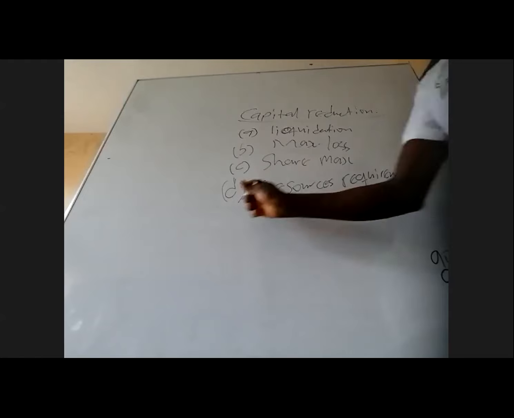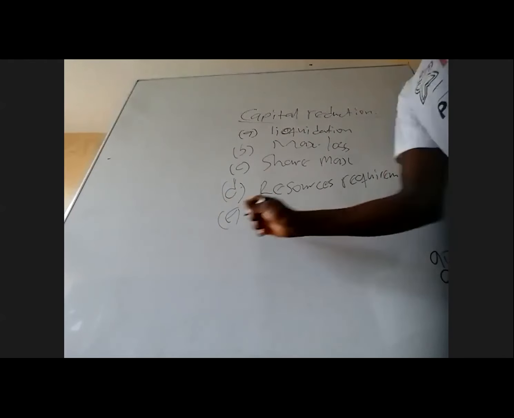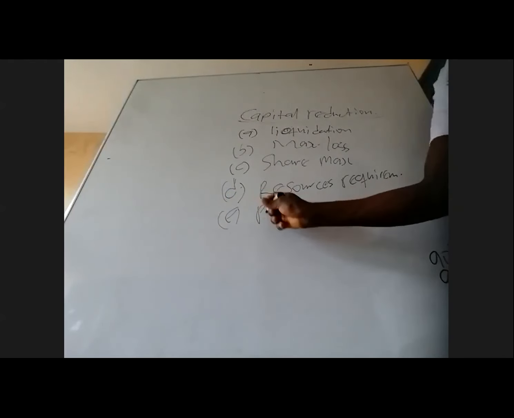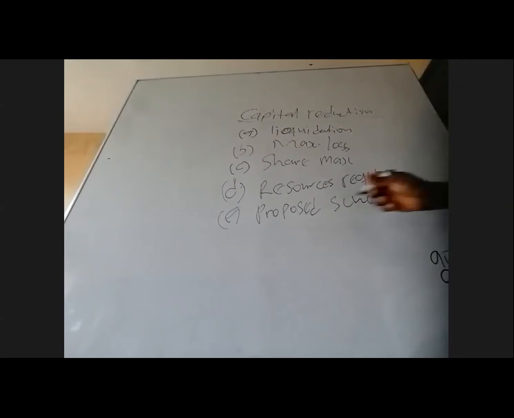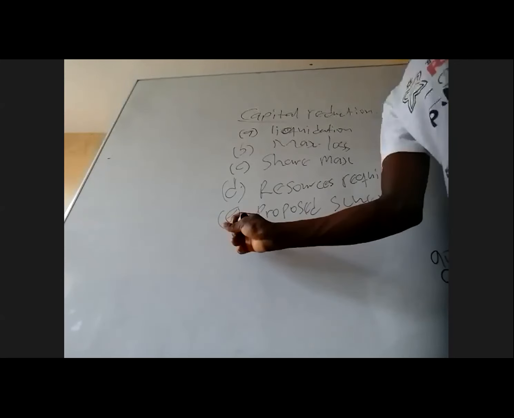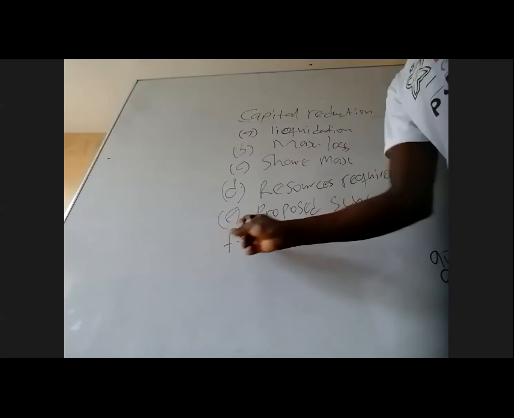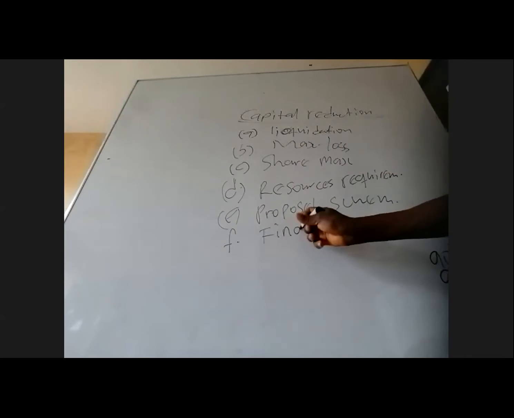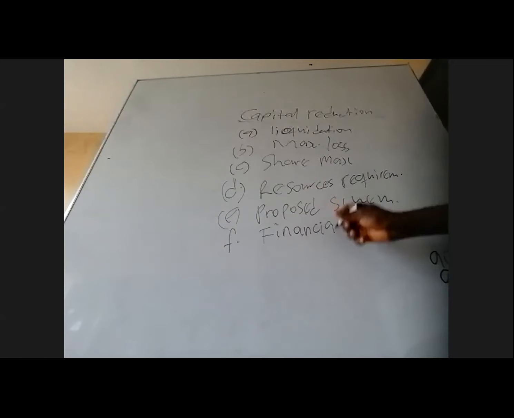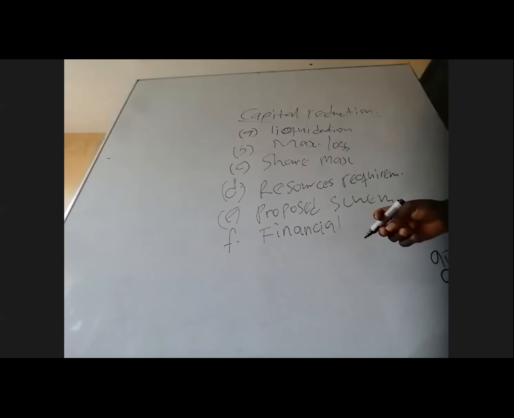Then E, that's the proposed scheme of reconstruction. Lastly, the resultant financial position. So the balance sheet right after the scheme has been accepted or implemented. Good.